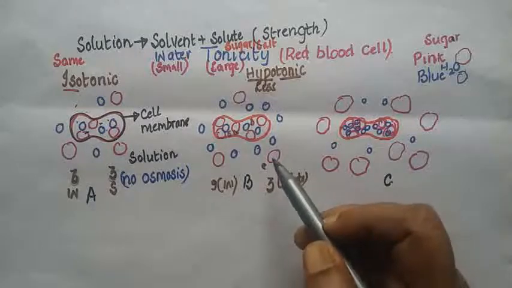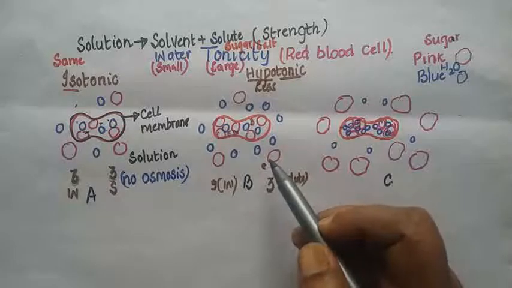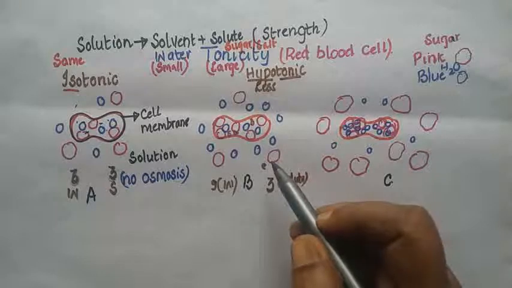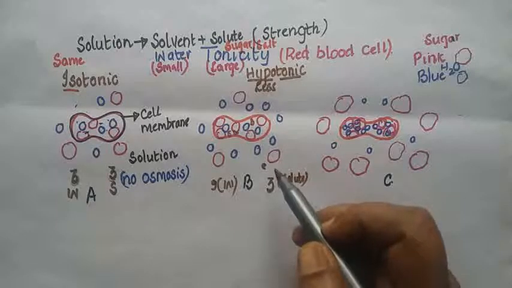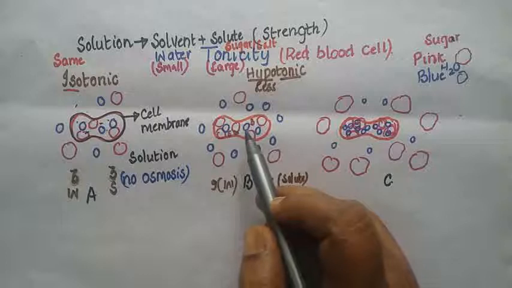But children, whenever you define the term hypotonic solution, try to define it with reference to the solute. So how do we define the word hypotonic solution? A solution in which the solute concentration is less compared to the fluids inside the cell. Right?